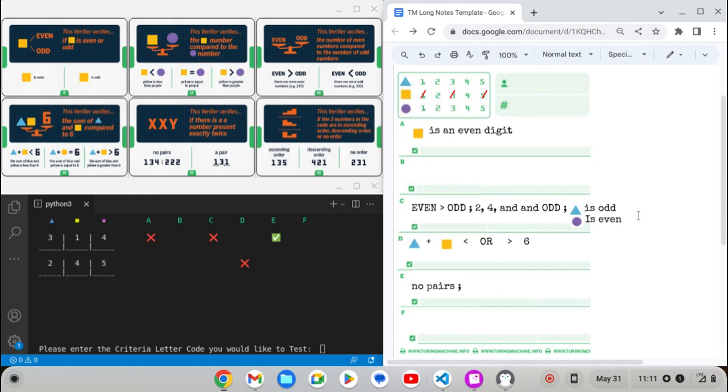Okay, so let's go ahead and cross out all the evens in triangle. So that would be 2 and 4. And then let's go ahead and cross out all the odds in circle.